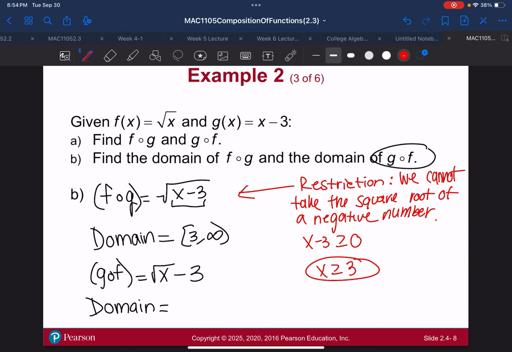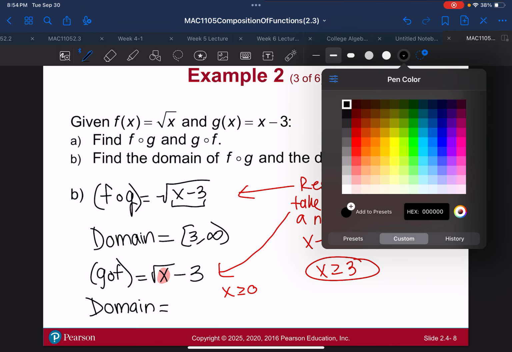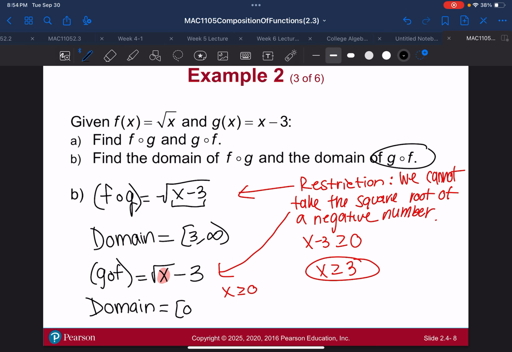We can't take the square root of a negative number. But here, the only thing under the square root in this function is x. So that tells me that x has to be greater than or equal to 0. So the domain would be from 0 to positive infinity.